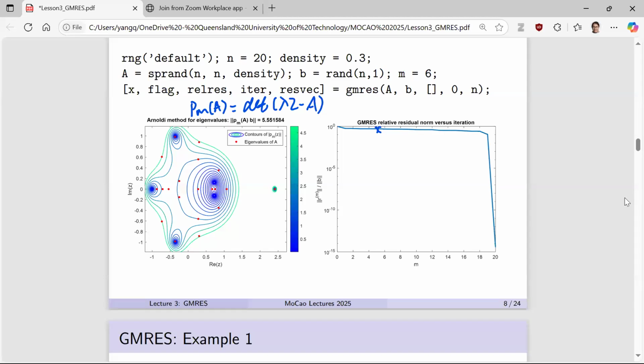Do you need to resolve this system at every iteration for m, or can you use the previous solution x_{m-1} to compute very fast the x_m solution? You need to, because this H_m is usually super small, so it's very efficient to solve at each next iteration. Yeah. Okay, thank you.